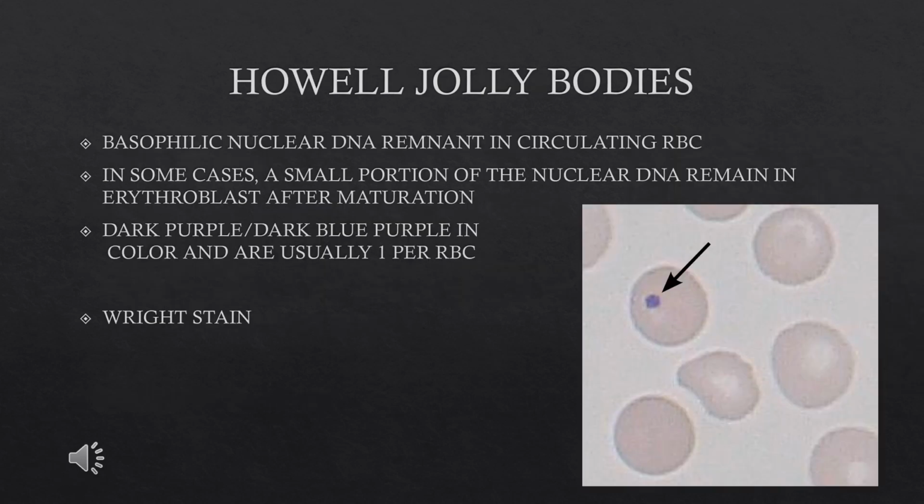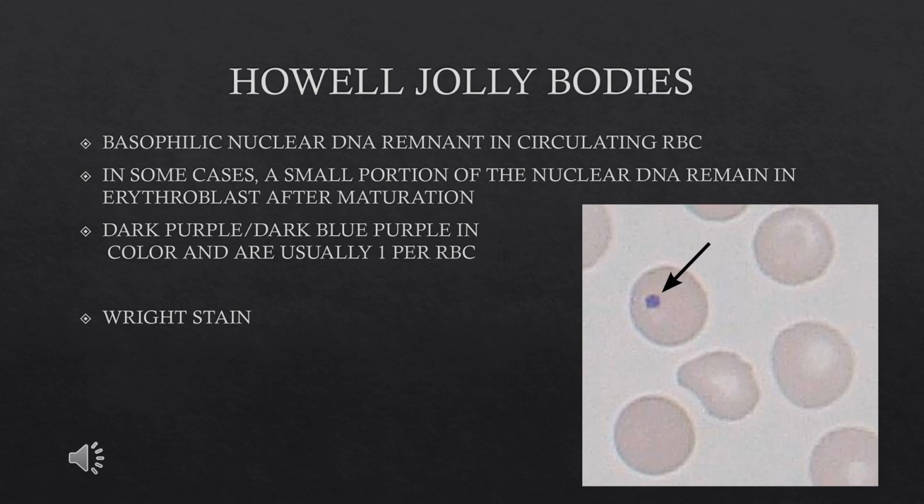We have your Howell-Jolly bodies. This is a basophilic nuclear DNA remnant in circulating RBC. In some cases, a small portion of the nuclear DNA remains in the erythroblast after maturation. It is dark blue-purple in color, and usually there is only one per RBC.